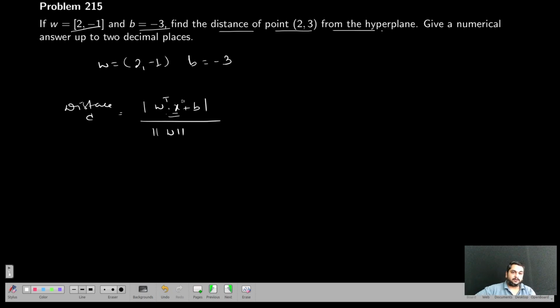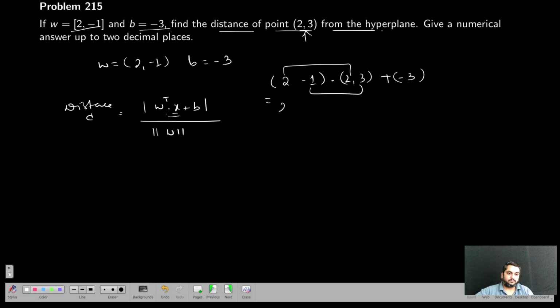W is (2, -1), dot product with x, which is (2, 3), plus my intercept, which is -3. So this is 2 times 2 minus 1 times 3 minus 3. This comes out to be 4 minus 3 minus 3, which is -2.